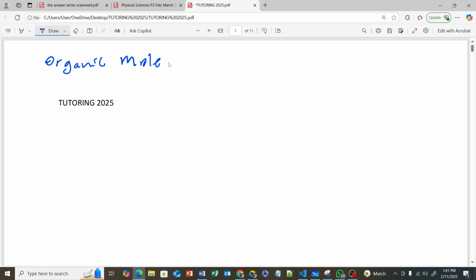Alright, so when we talk about organic molecules, we talk about molecules that consist of carbon as a backbone. So the simplest organic molecule is the one that you see on the screen, and its name is called methane.